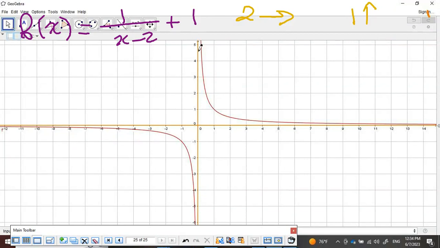So the vertical asymptote needs to move 2 units to the right, because if I want to find the domain of the function, x is not equal to 2, it means the vertical asymptote is now x equal to 2. So this is my vertical asymptote. The horizontal asymptote is going to move 1 unit up. So my horizontal asymptote is here.